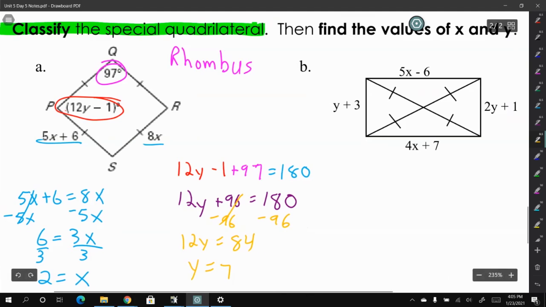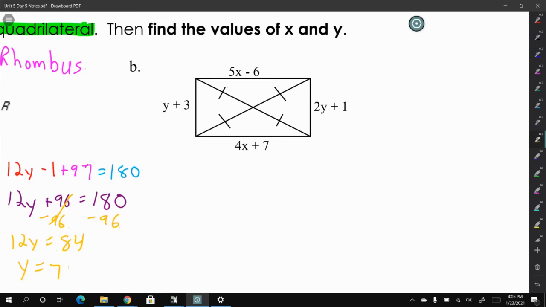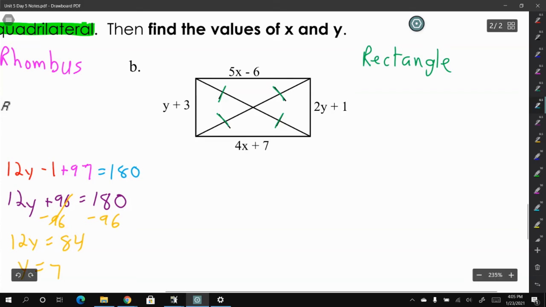Now, letter B. Let's look at this. And we see that all the diagonals are congruent. That's what we get from these tick marks here. We do not know if all the sides are congruent. There's no tick marks there, so we can't assume that. But because the diagonals are congruent, we know that this has to be a rectangle. In a rectangle, opposite sides are congruent.